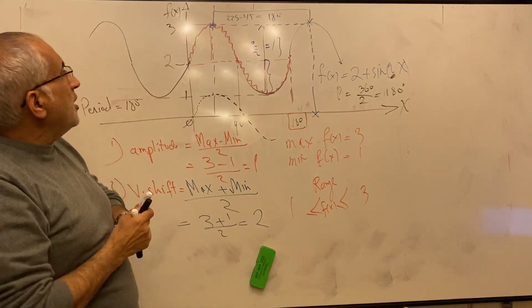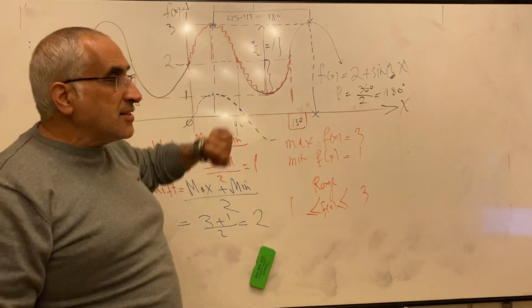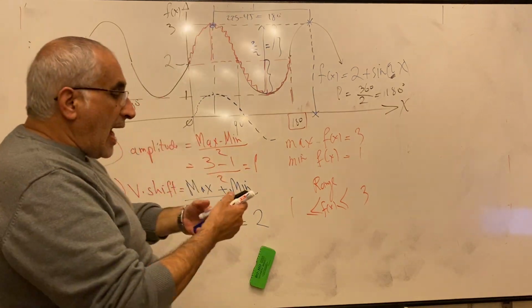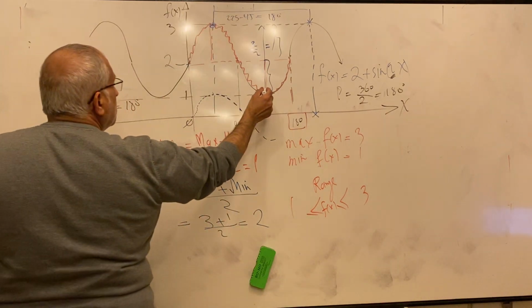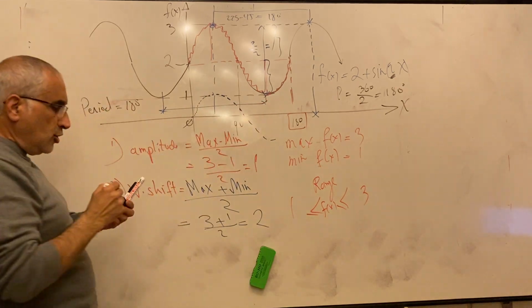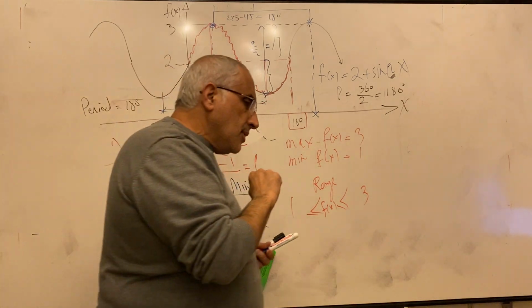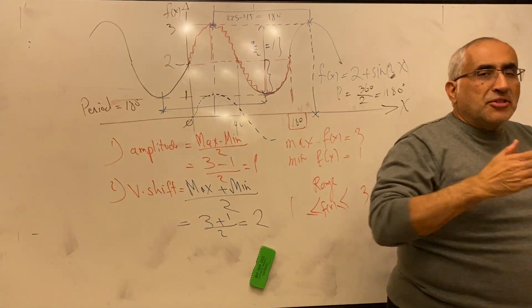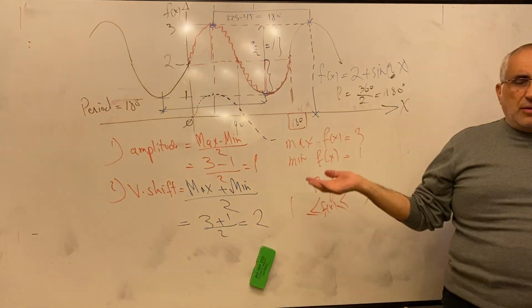So the distance between any 2 maximums, any 2 peaks, is the same as a full cycle. Actually, it's the same thing between 2 minimums. So if you look at any 2 consecutive minimums, that will give me my period.